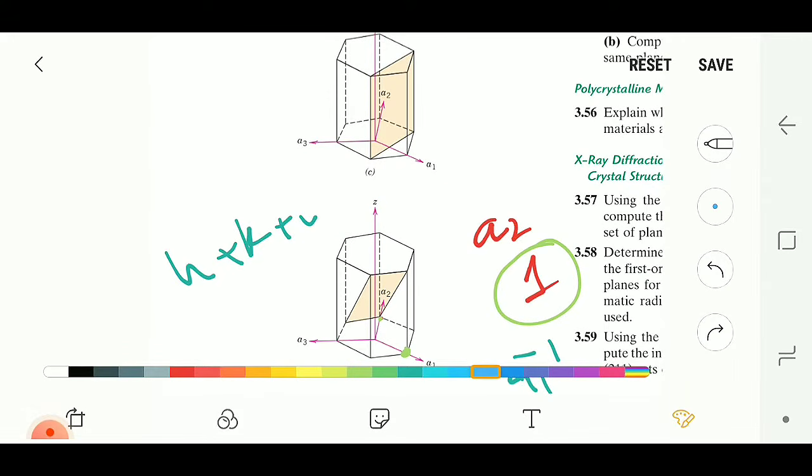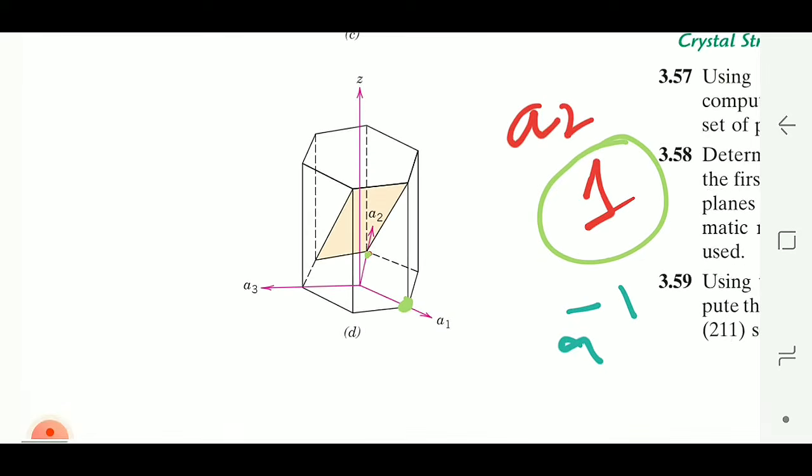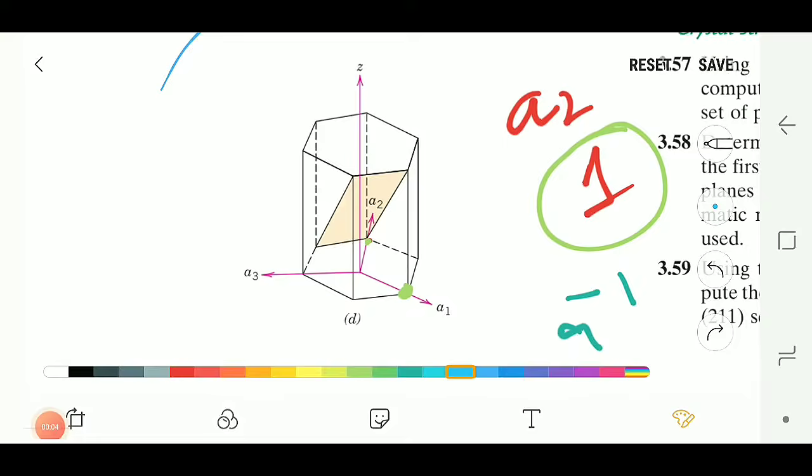And if we talk about the z intercept, which couldn't be determined by that one equation I mentioned here, we have to use the equation of the plane in order to find the z-intercept, because by just looking at the figure we cannot tell where the z-axis would be cutting the plane.